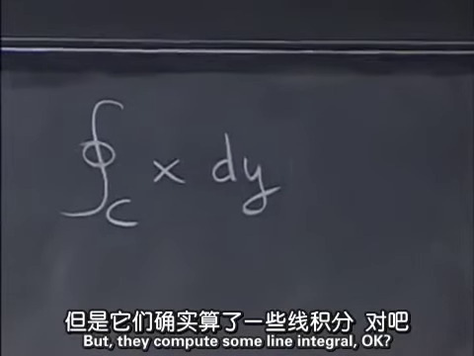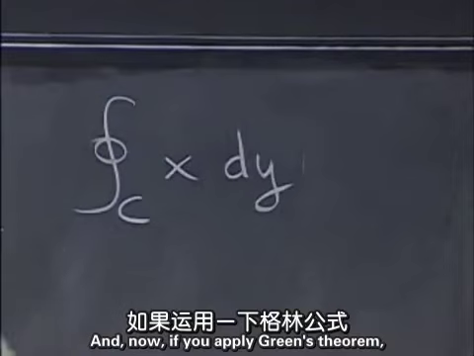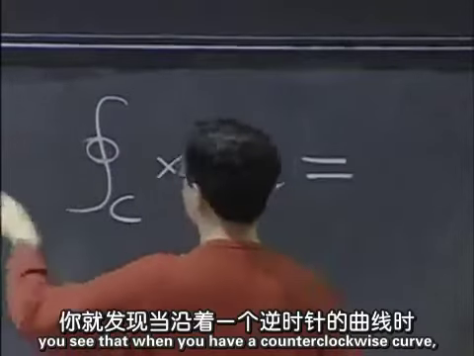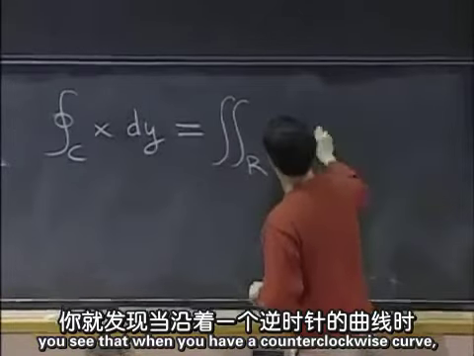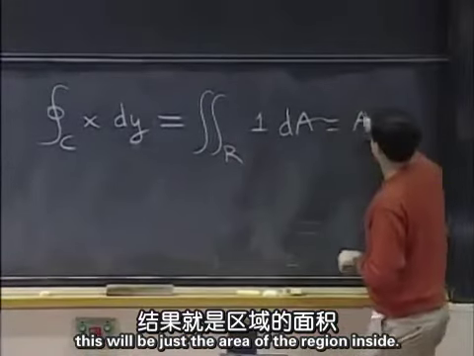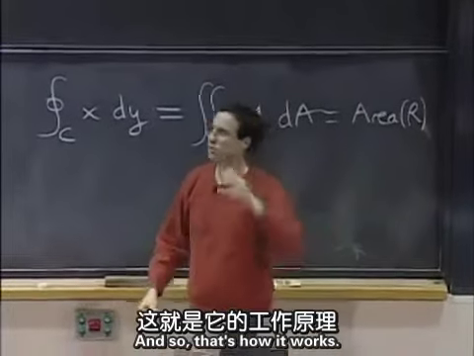But they compute some line integral. Okay? And now if you apply Green's theorem, you see that when you have a counterclockwise curve, this will be just the area of the region inside. And so that's how it works.